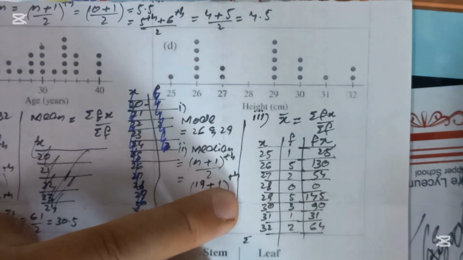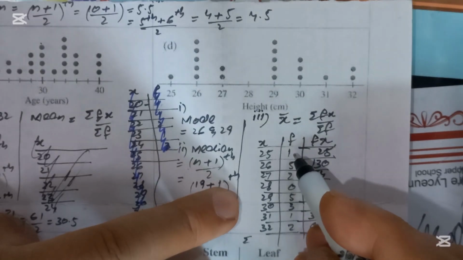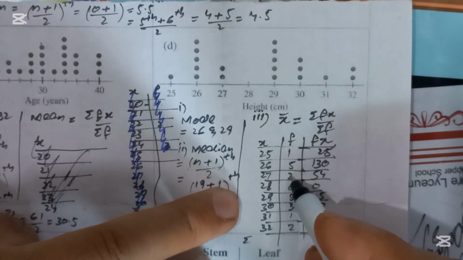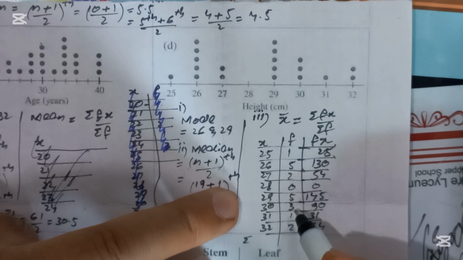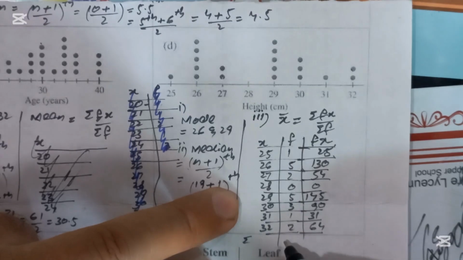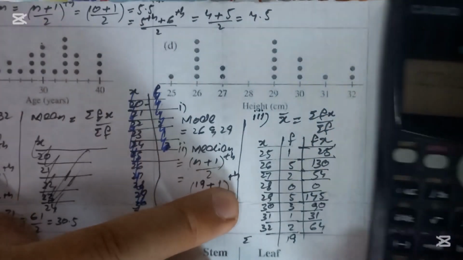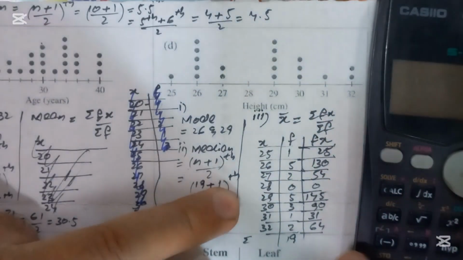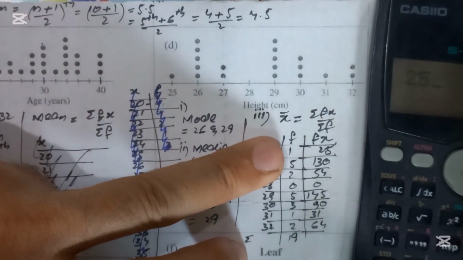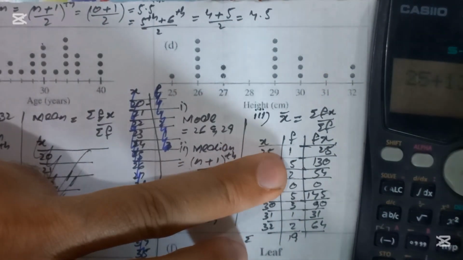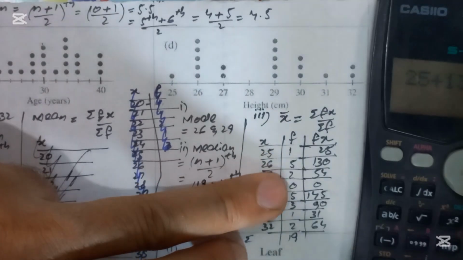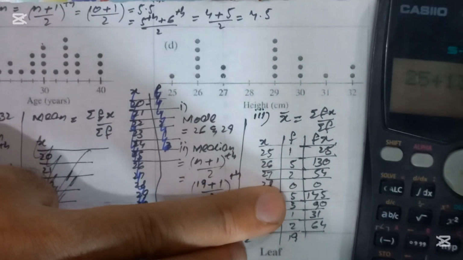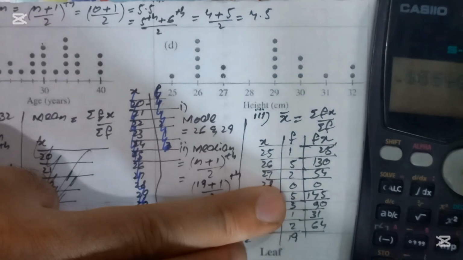So here is the summation, and the summation of f is 1 plus 5 is 6, plus 2 is 8, plus 5 is 13, plus 3 is 16, plus 1 is 17, plus 2 is 19. And now find the summation of fx, that will be 25 plus 130 plus 54 plus 0 plus 145 plus 90 plus 31 plus 64.